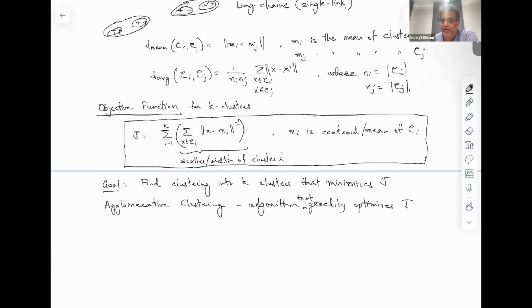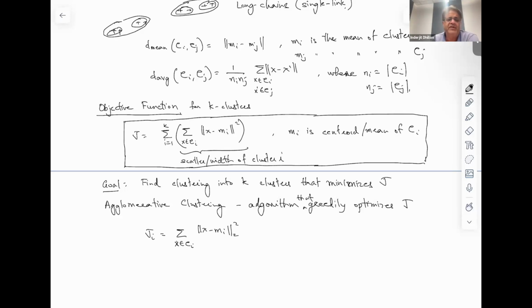So what do I mean? Suppose I have cluster Ci. Let me call its width or quality or objective function Ji, and that's like I defined before. It's exactly this quantity: sum over x belongs to Ci of x minus mi squared.